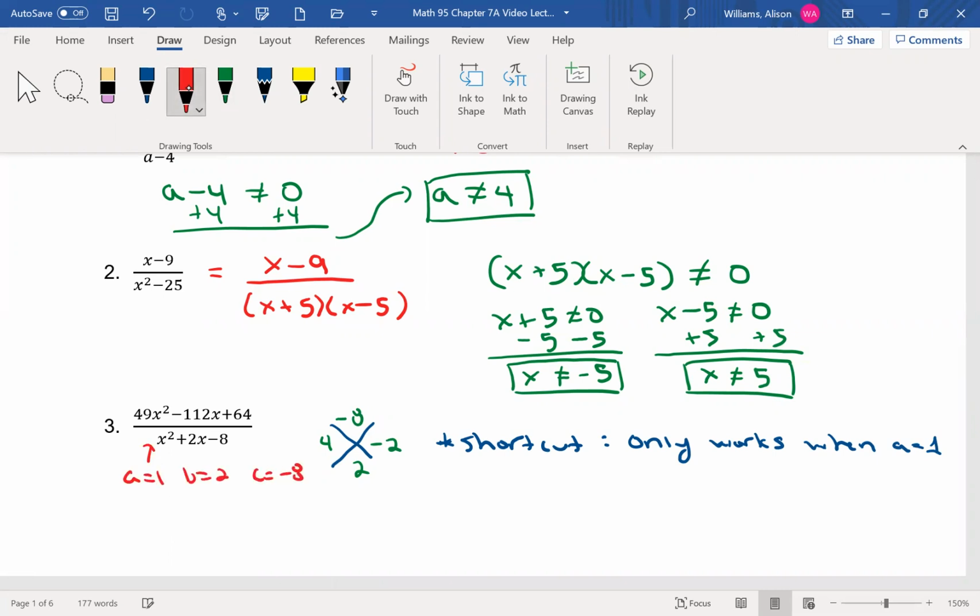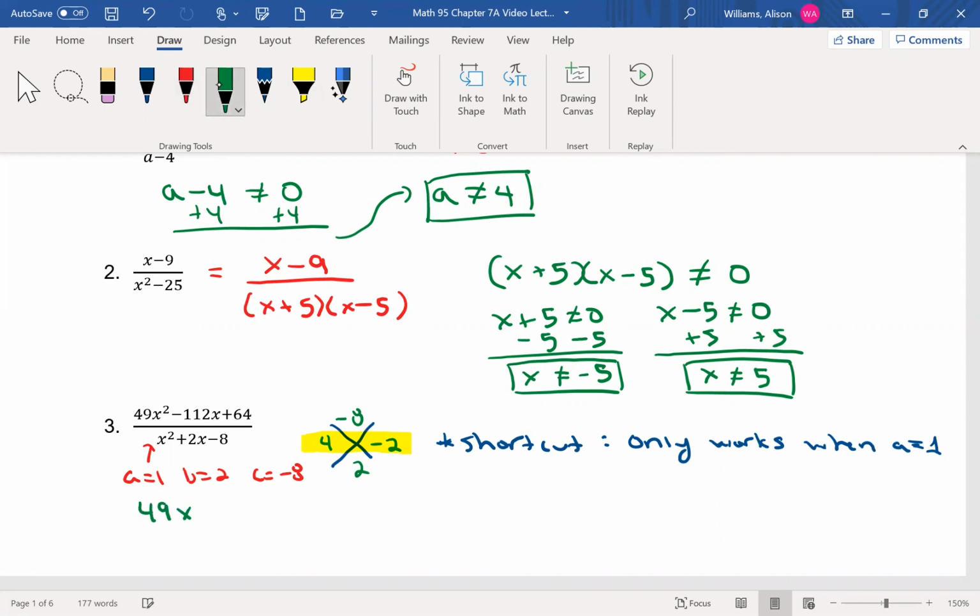And we talked about that when we discussed the x method. So when a equals 1, we can use this shortcut. In this case, this is going to factor into these two numbers right here that we got when we did the x method.